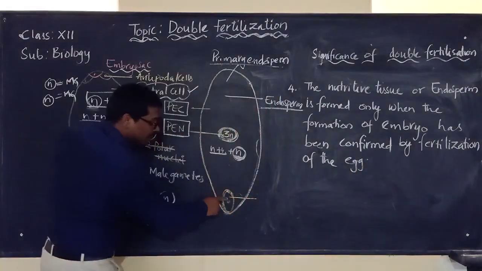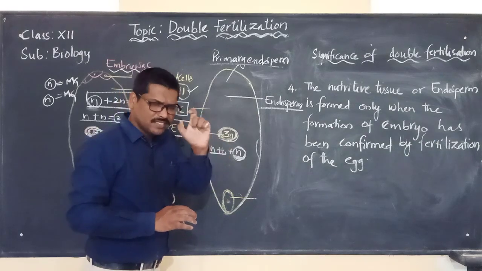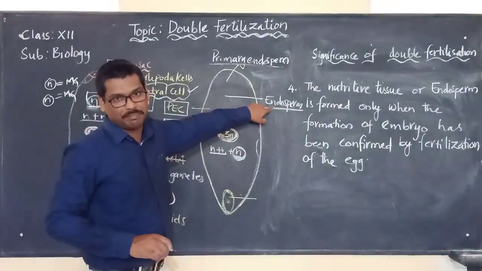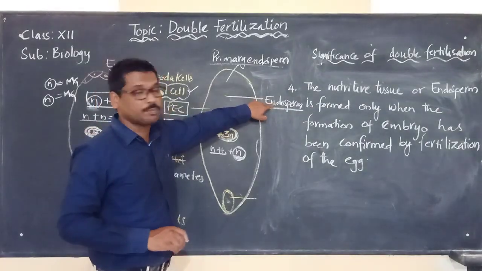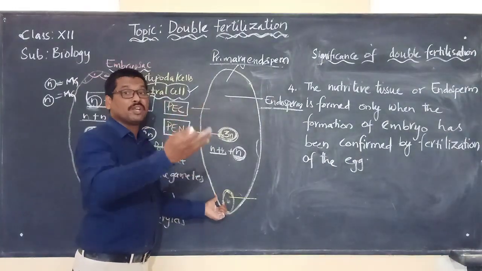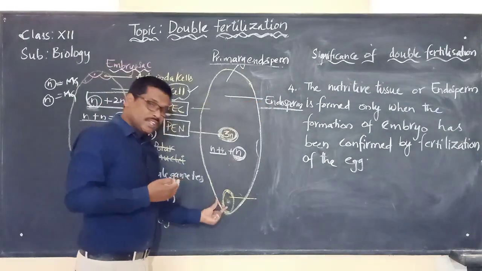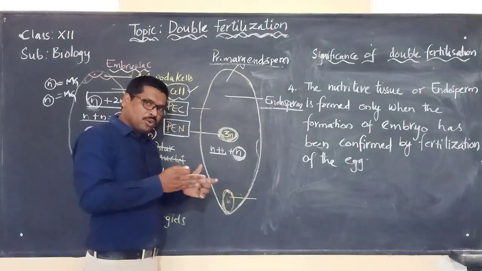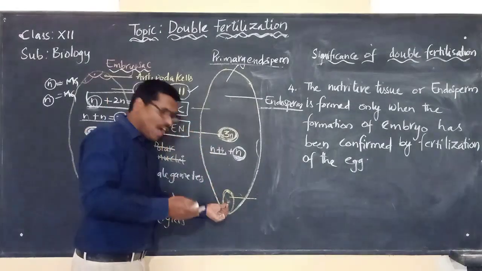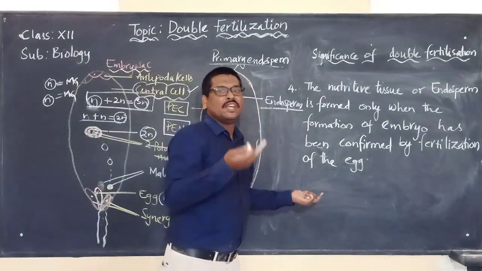Means only when the zygote is formed. In simple terms, only when true fertilization, when syngamy occurred, then only it will lead to the formation of endosperm. Remember that. So zygote is formed, but if it has to form into embryo, compulsorily endosperm will be there. After the formation of the zygote, this zygote will attain a period of rest, and it confirms that this zygote will develop into embryo.